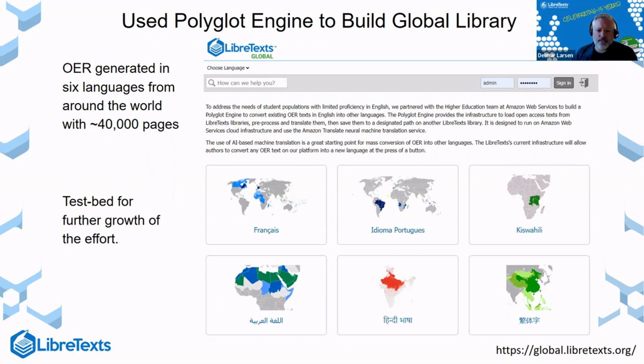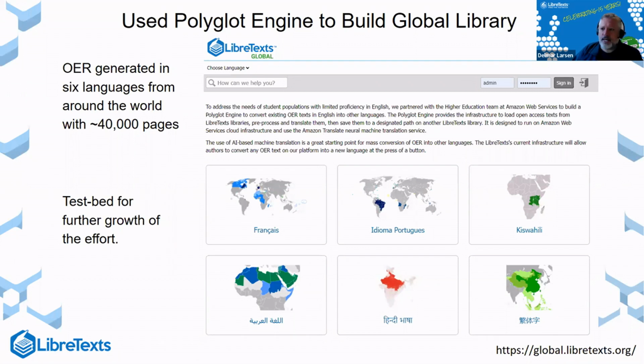So we did the mass translation on a handful of books, approximately 20 different books in 6 different languages, in French, Portuguese, Swahili, Arabic, Hindi, and Chinese. And that was just basically testing out the quality that we had here, and more importantly, scaling this thing up to the next step, which I'll talk about in a moment.